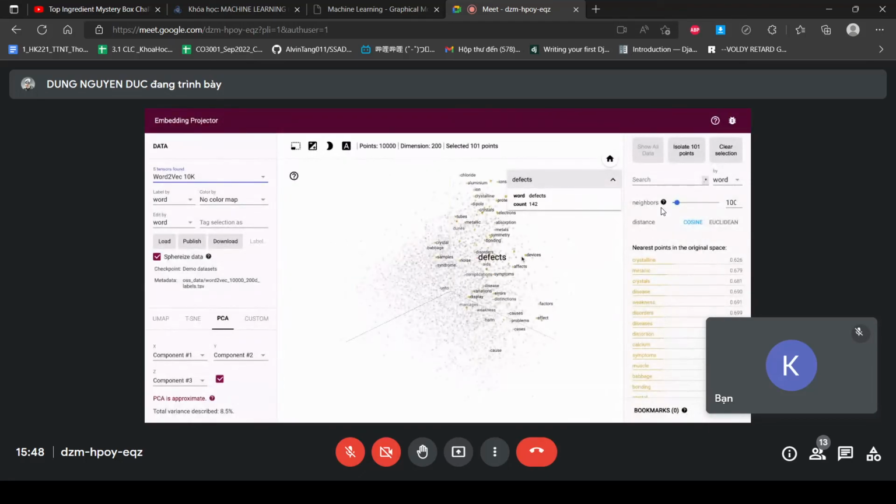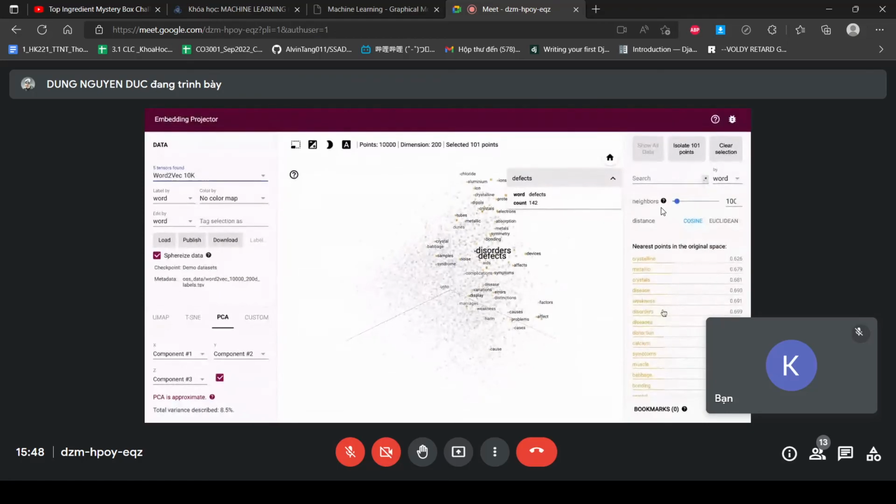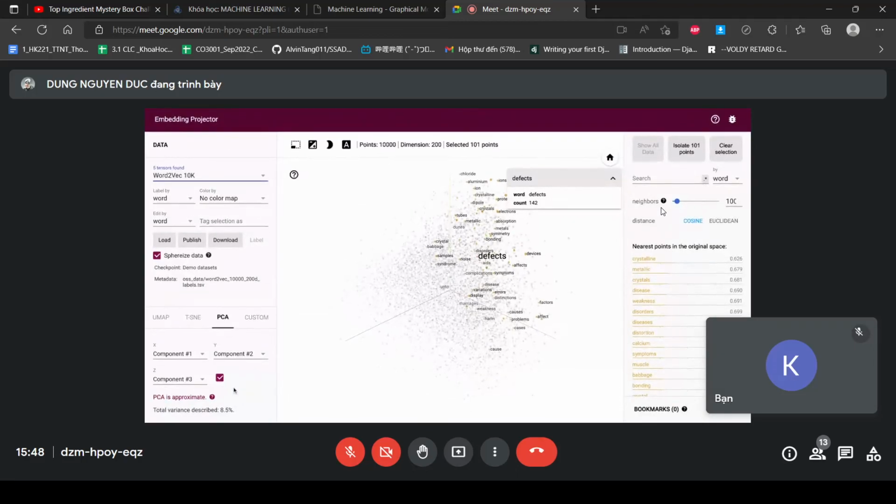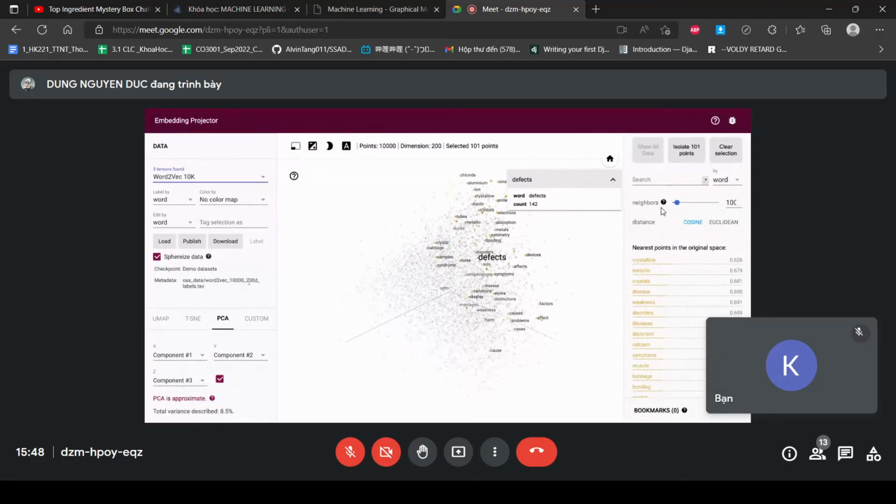And you can see that this word embedding is a very large vector, with a size of 200, if I remember. Yeah, 200 dimensions here. From a vector of 200 values to a vector of 3 values, it loses a lot of information and you have to be aware of that.